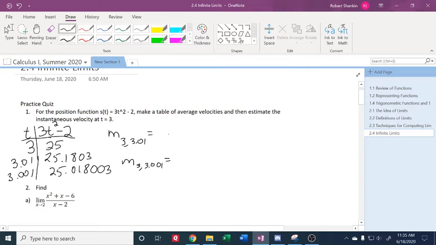So I can see which direction I'm going to go. Should I make it even smaller than the smallest interval, or make it larger?